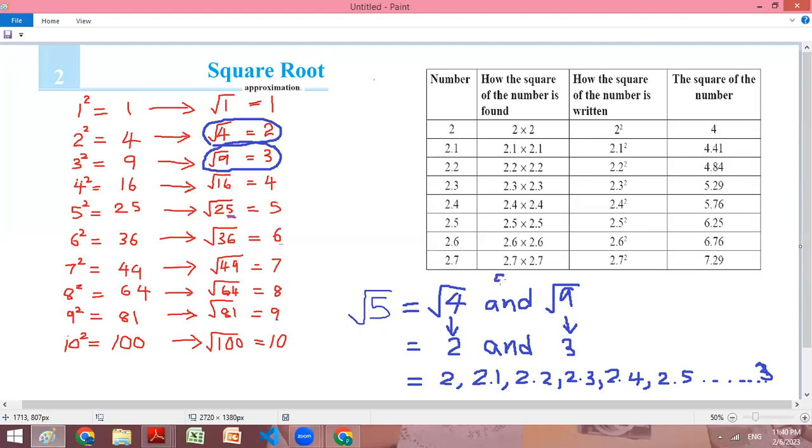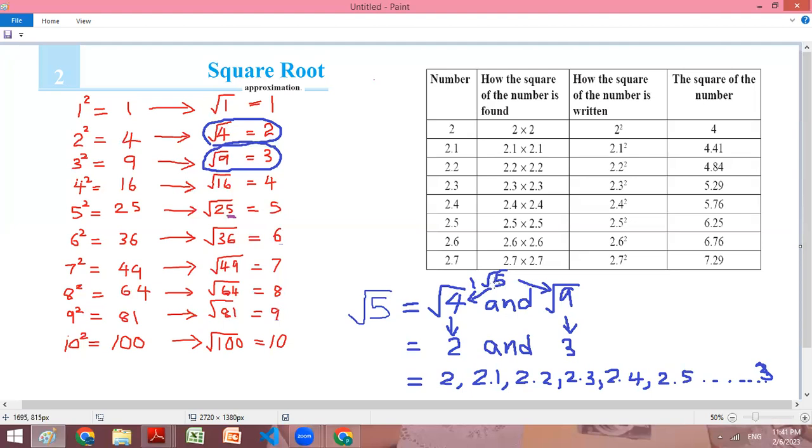The square root of 5 is in between the square root of 4 and the square root of 9. But the square root of 5 is closer to the square root of 4 than the square root of 9. The difference between 4 and 5 is only 1.